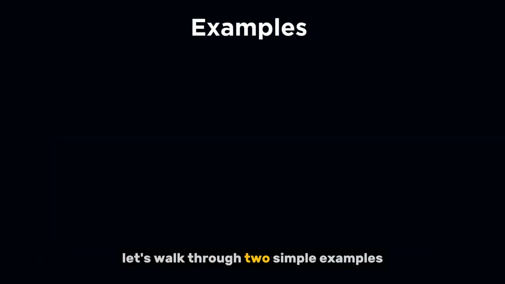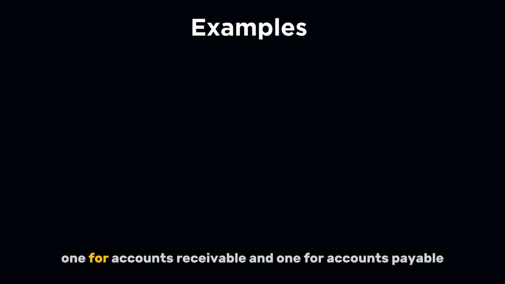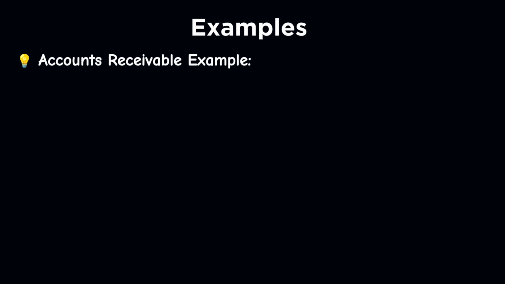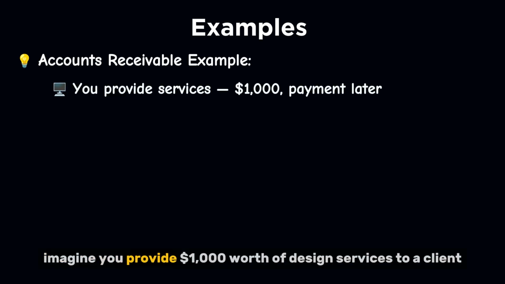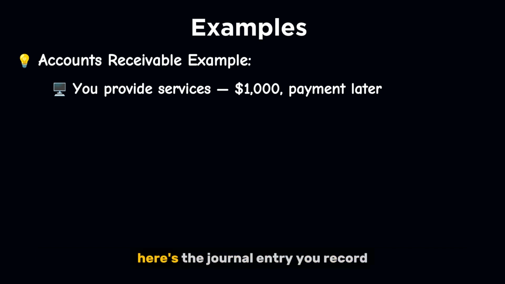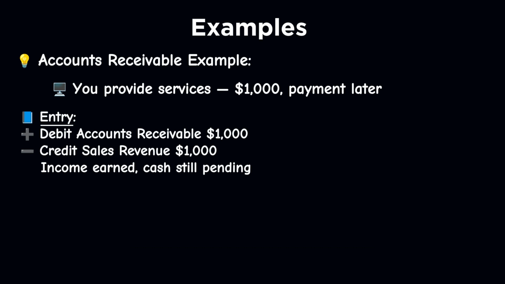Let's walk through two simple examples, one for accounts receivable and one for accounts payable. First, accounts receivable. Imagine you provide $1,000 worth of design services to a client, but they'll pay you later. Here's the journal entry you record. Debit, accounts receivable, $1,000.